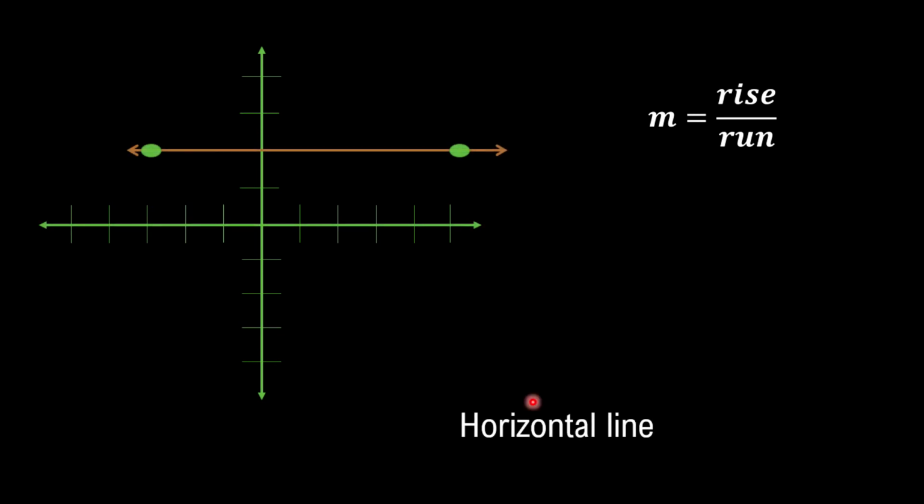Now, what about the slope of a horizontal line? So, sa horizontal line, kung mapapansin natin, the movement is puro run, pero wala na siyang movement when it comes to rise. Walang upward or downward movement kasi horizontal line siya, like our x-axis, horizontal lang siya.